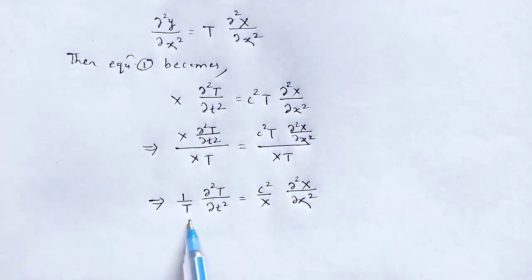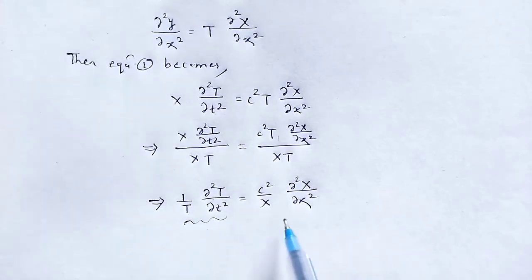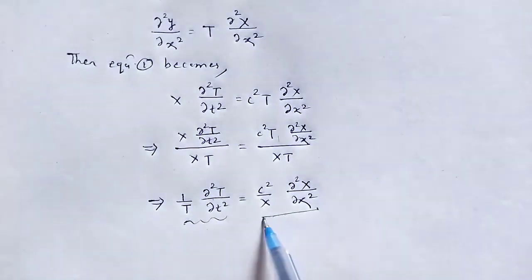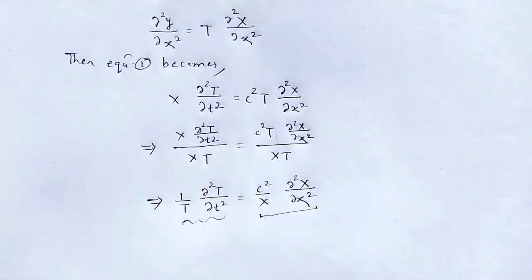Since this one is a function of t only, and that one is a function of x only, we can equate them to the same constant.